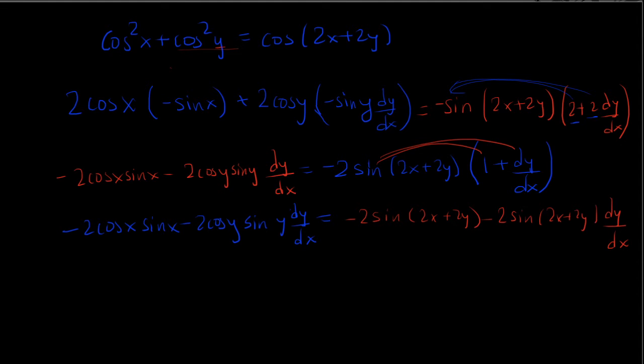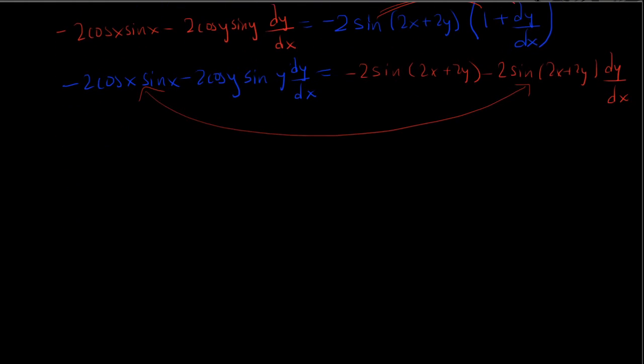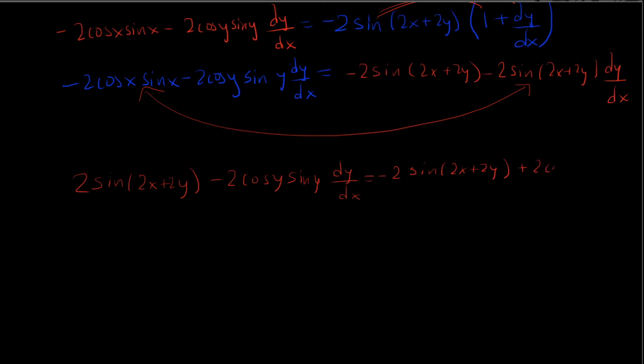Now I want to get the dy over dx on one side, so I'm going to switch these two. They're going to replace each other. So I'm going to have 2 sine of 2x plus 2y minus 2 cosine y sine y dy over dx, and that's going to be negative 2 sine of 2x plus 2y plus 2 cosine x sine x.